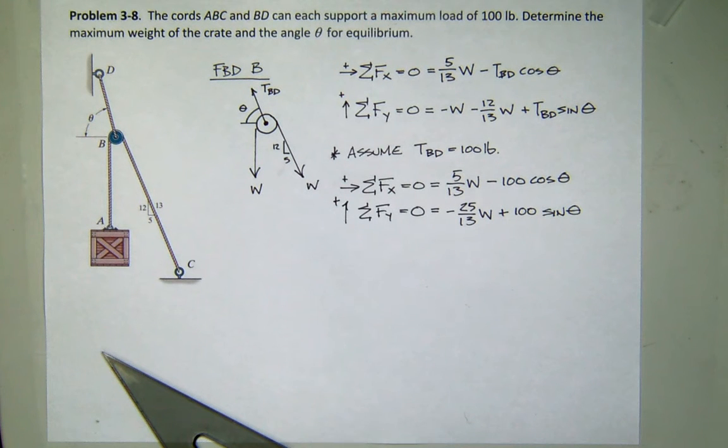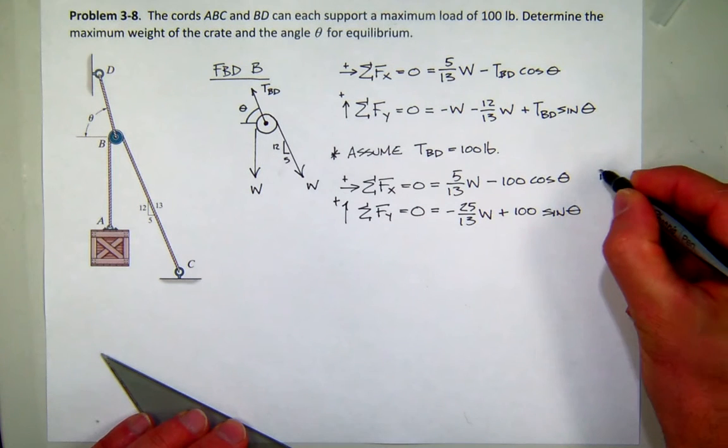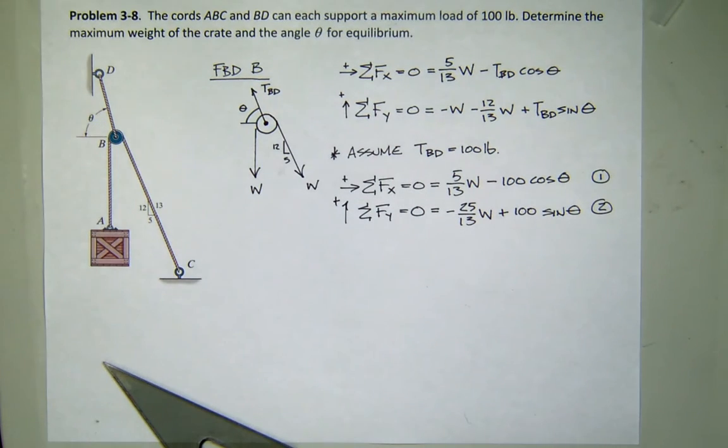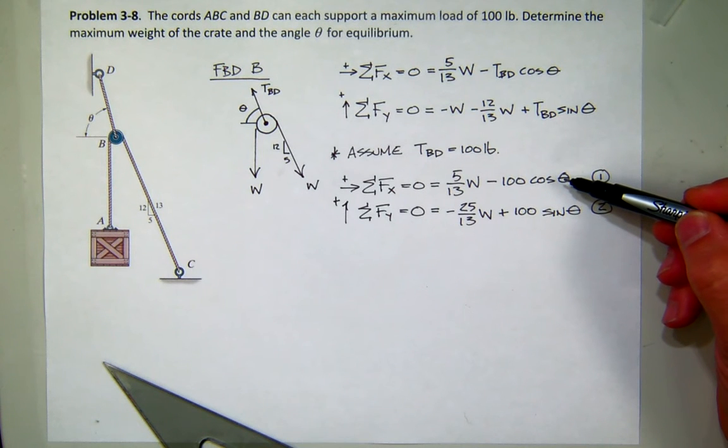How can I solve those two equations? Let's just call this equation 1, equation 2. Well, this is another thing you can do with equations. I'm going to take one equation and, let's see, what am I going to do?